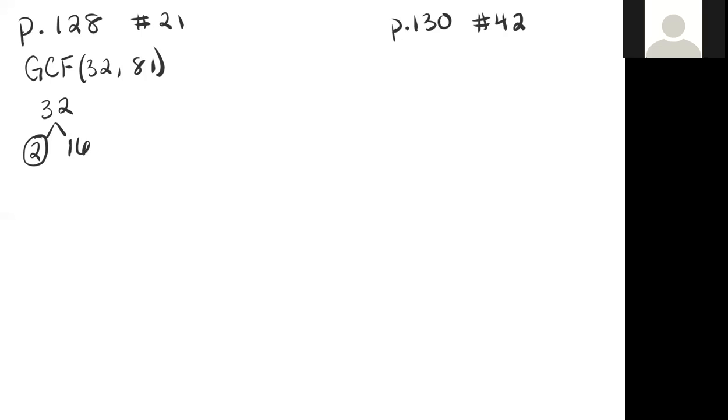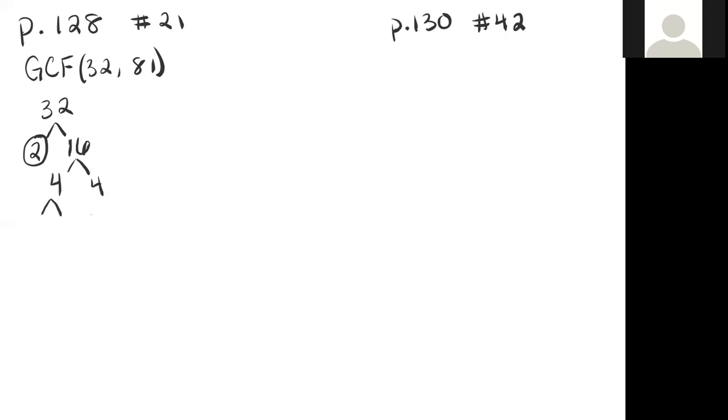Okay, so notice I've circled that 2 because that's a prime number. Okay, 16 is not a prime number. I need to continue to break it down. All right, so I could do 2 times 8, or I could do 4 times 4. Let's do 4 times 4. Neither of those are prime numbers, so I'm going to break them down even more.